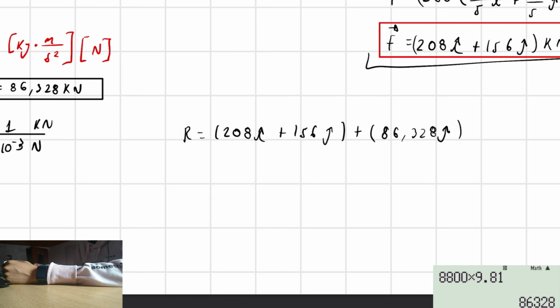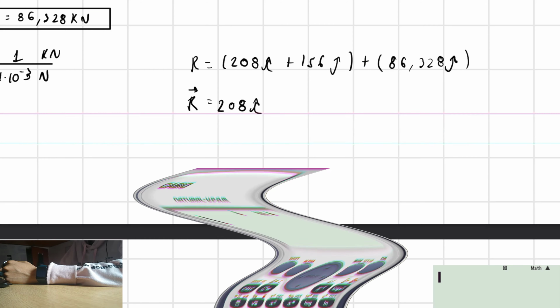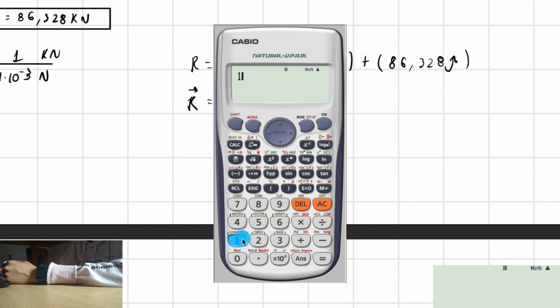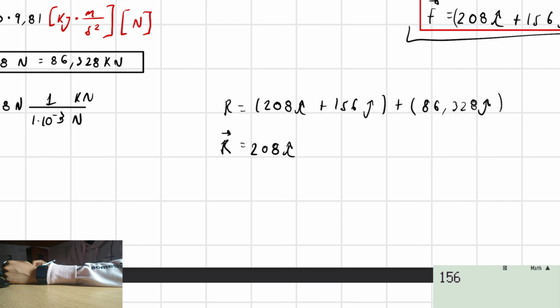Everything is in kilonewtons, so I can add them. Now the resultant vector is going to be equal to 208, since I don't have any other component along that direction, and 156, sorry, this is not plus, this is minus.